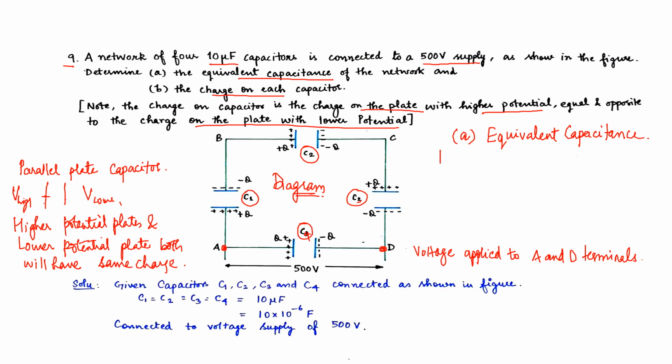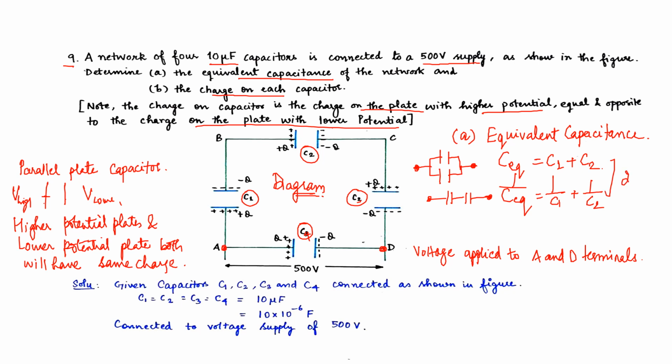For capacitors arranged in parallel configuration, the equivalent capacitance CEQ is given as C1 plus C2, and in case of series capacitance, 1 upon C equivalent is given as 1 upon C1 plus 1 upon C2. These are the important formulas.